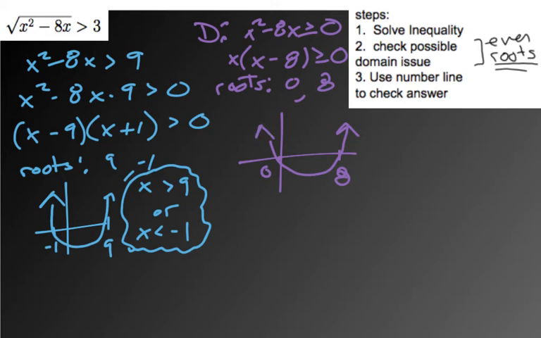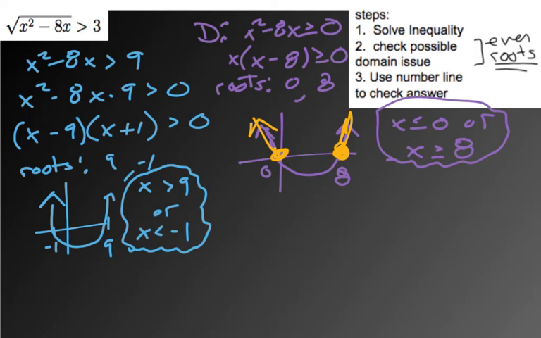We're going through those roots, and we want to be greater than or equal to 0. So it's another or, but this time it'll be including that root and going up, and including that root and going up. So the solution of this one would be anything less than or equal to 0 or bigger than or equal to 8. And so this also is going to be playing a role in my final answer.